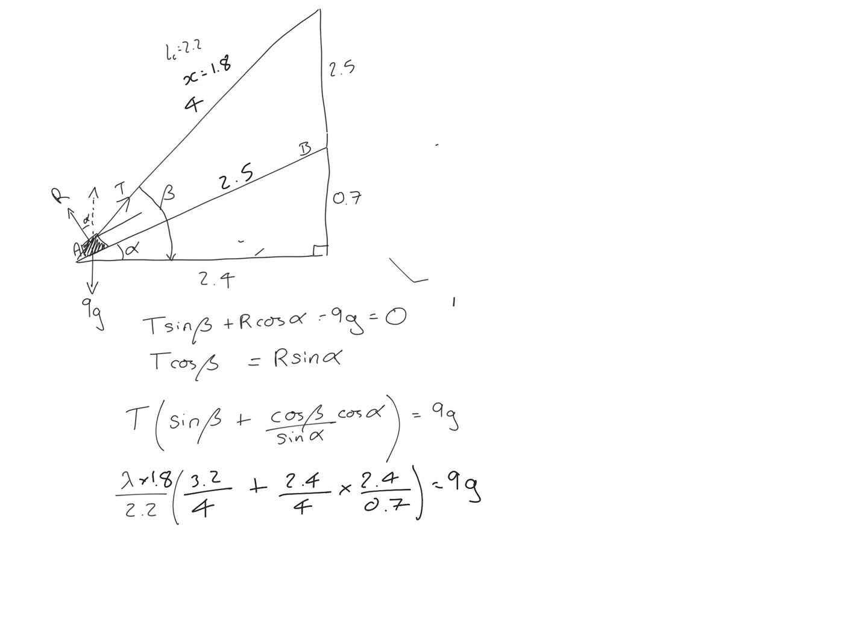So 9 times 9.8 times 2.2 divided by 1.8 divided by, 3.2 divided by 4 plus 2.4 squared divided by 2.8, 4 times 0.7, close brackets, equals, and hey presto, lambda equals 37.73, which is encouraging.